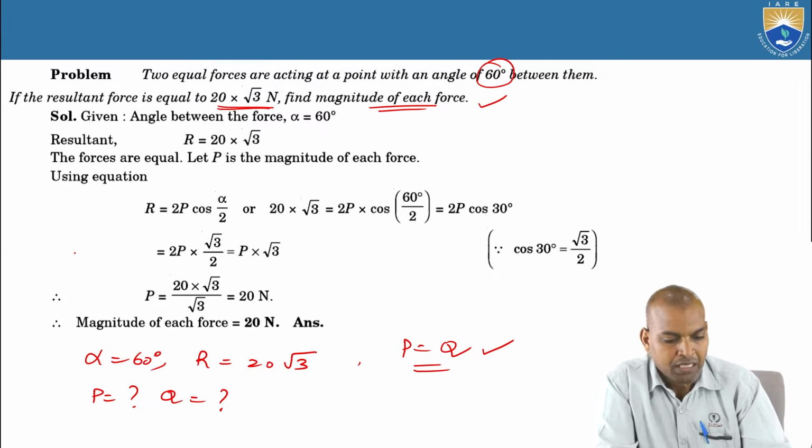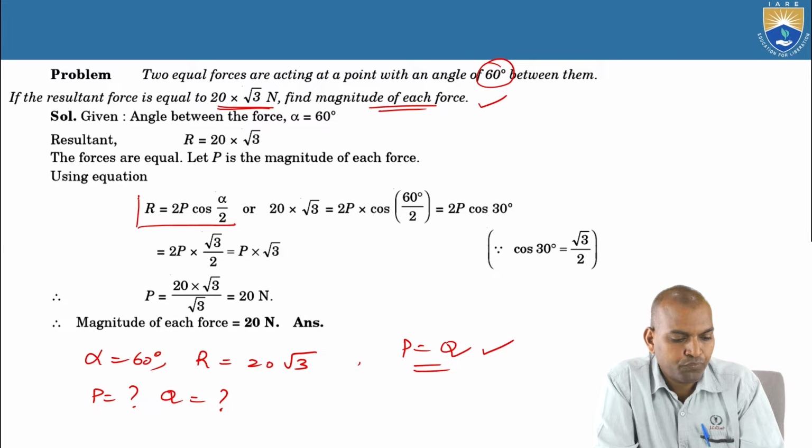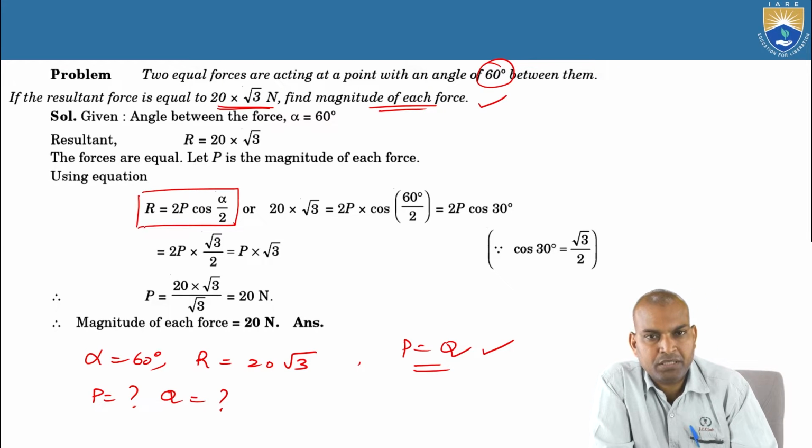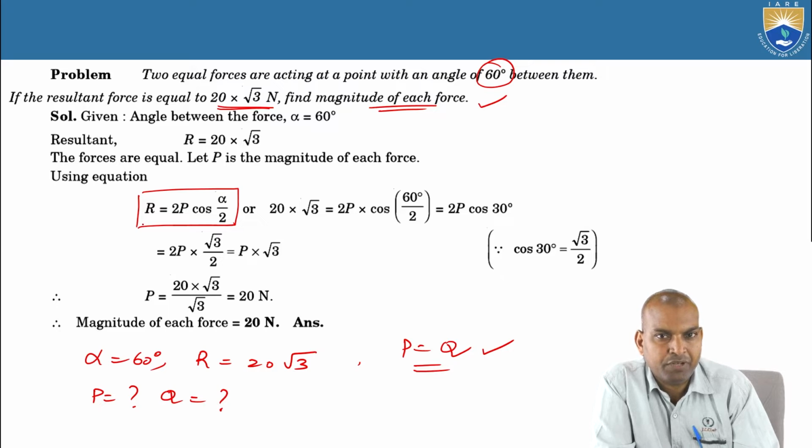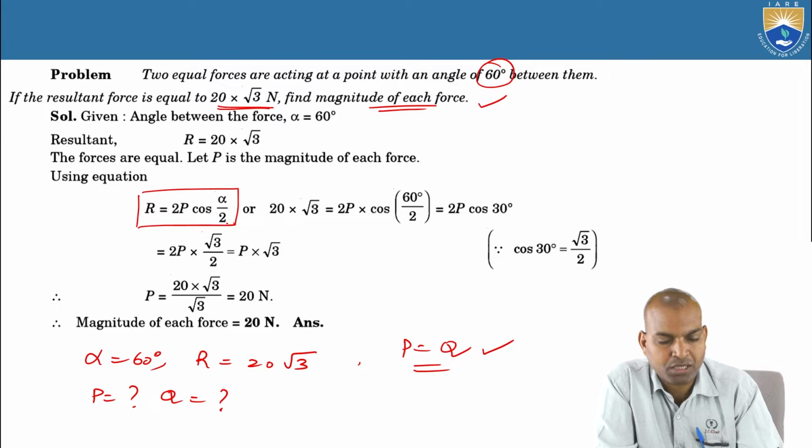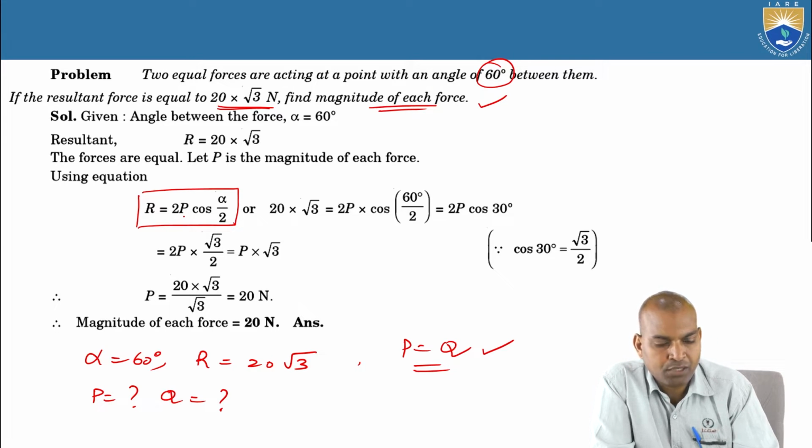Let us begin. When two forces are equal and act with an angle alpha, we already derived the expression: the resultant force R equal to 2P times cos alpha by 2. Here P is the unknown, to be calculated, and R is known. R equal to 20 times root 3, 2P times cos of 60 by 2, that is cos 30 degrees.